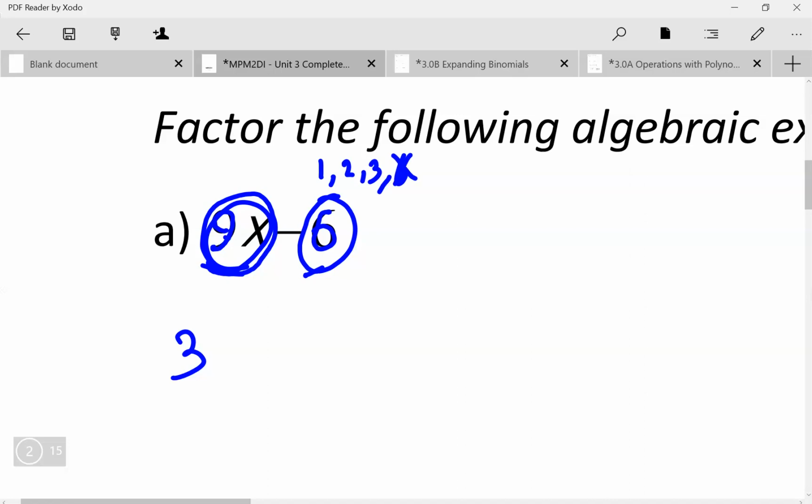So 6 doesn't go into 9, 3 goes into 9, so that's your answer. And that is almost uniformly the easiest way to find the greatest common factor if you don't see that intuitively. So start with the smaller one, write all the factors out, and see which is the biggest factor that also goes into the other number.